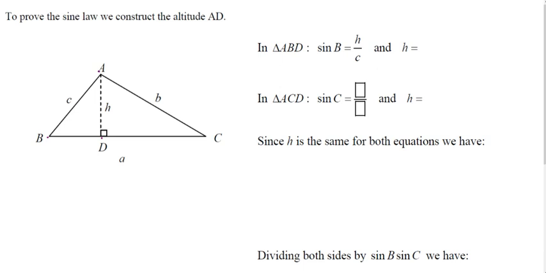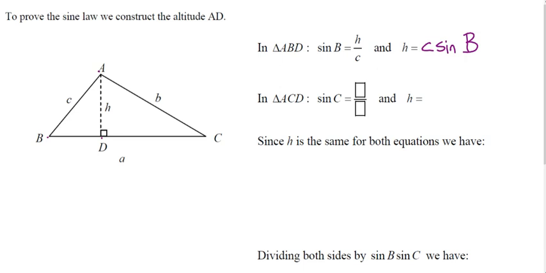Notice we've made a right-angled triangle, right? Now we can use SOHCAHTOA. The sine of angle B is opposite over hypotenuse, which is h over c, which means h is equal to sine B times c, or we're going to write c sine B.